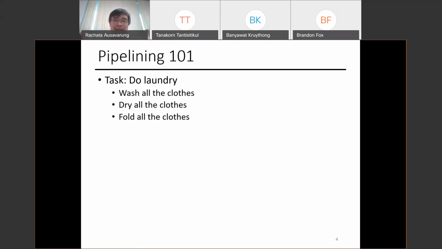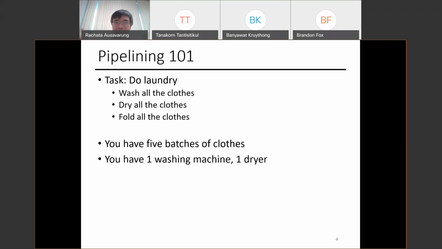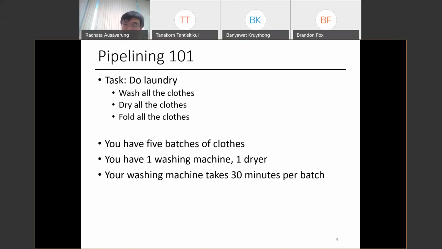Let's say you haven't done laundry in a long time. You've been slacking off, and you actually have 5 batches of clothing that you need to put in a laundromat. You can only fit one batch at a time, and you have enough money to buy one washing machine and one dryer. The washing machine takes 30 minutes per batch.